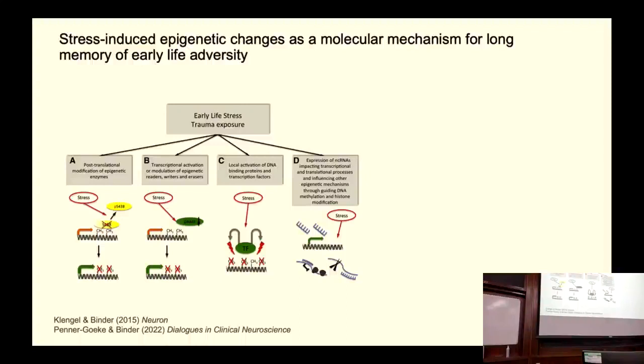One is that there are a lot of different ways in which gene transcription can be modulated by various epigenetic mechanisms. Epigenetics is not one thing, it's a family of mechanisms that control gene expression. And secondly, in animal models, there's abundant evidence that early life stress, or trauma in particular, can cause epigenetic modification.